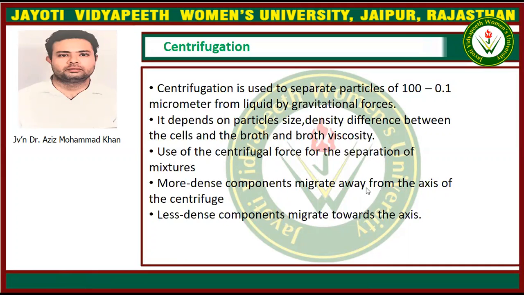The use of centrifugal force for the separation of a mixture is common, and more dense compounds migrate away from the axis of the center, and less dense compounds will migrate towards the axis. It means the less dense compounds will be on the upper part of the tube.